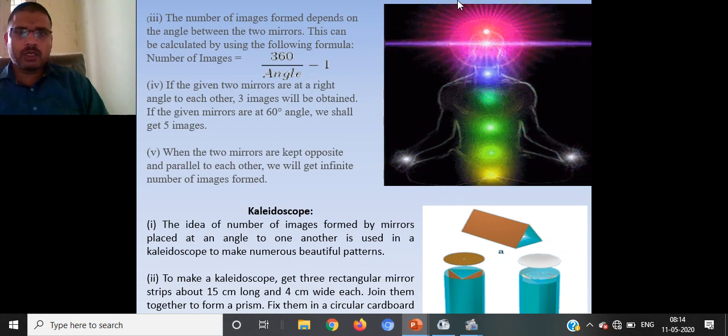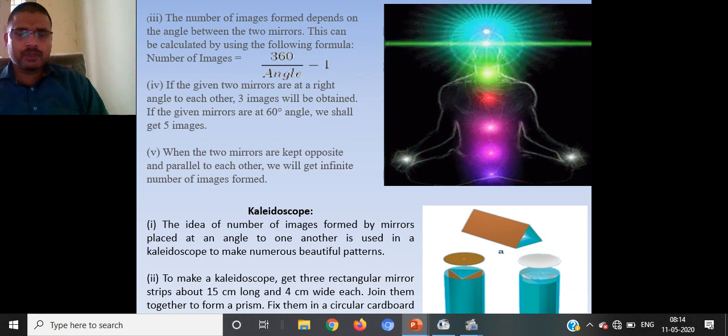That means if two mirrors are kept together at a 90-degree angle, three images will be formed. We have talked about these things in previous classes.